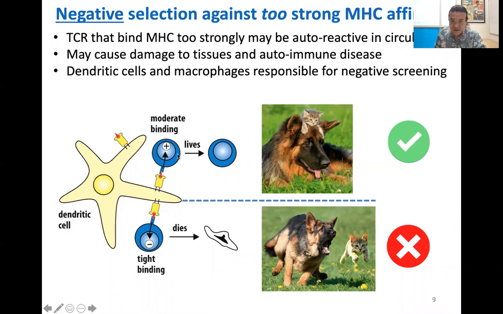If it spends enough time to receive the survival messages, but it's not binding so tight that it actually floats away, then it's okay. But if it binds too tight, then it's like it overdoses on those types of cytokine messages, and that actually causes the negative effect. It ODs on those messages from the dendritic cell, and then it dies.